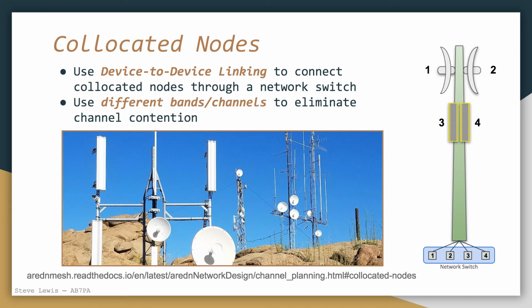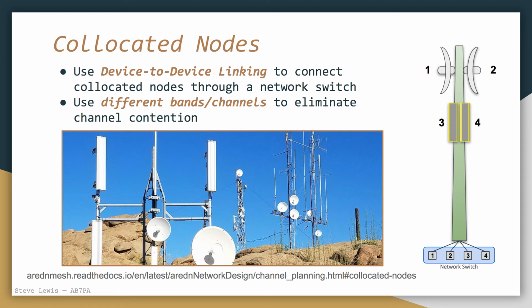In its most basic configuration, an Ethernet cable is connected between the LAN ports of each device. The AREDN routing protocol will automatically assign a very low link cost to that Ethernet path, and it will then route traffic between the nodes over Ethernet rather than using the RF channel. One added benefit of DTD linking is that you can link nodes which are operating on different bands and channels.